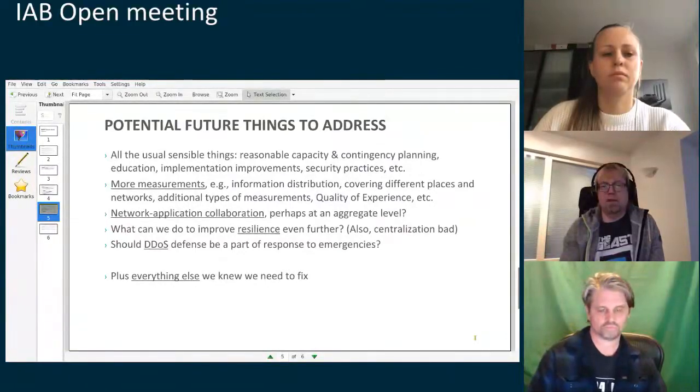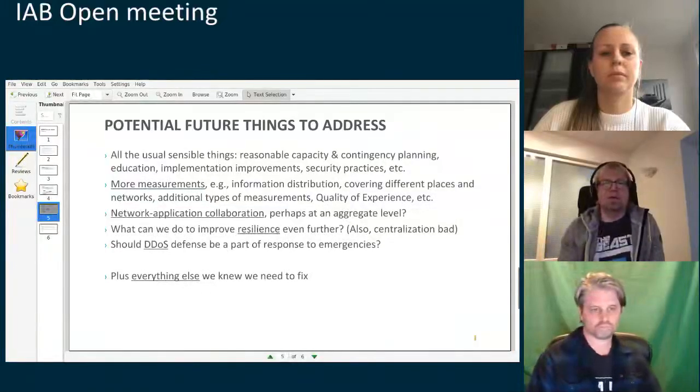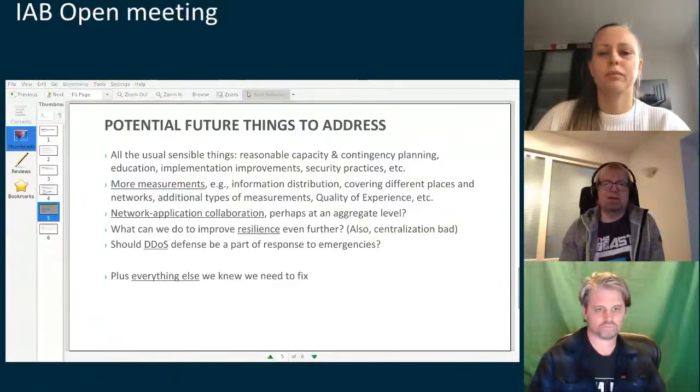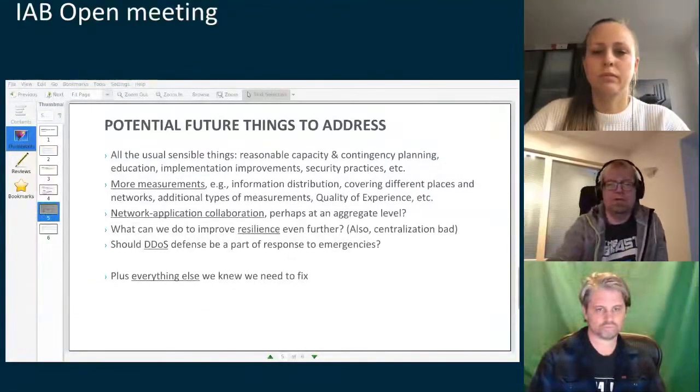What can we do to make sure the internet will not fall over because of some issue or incident? It was also discussed that centralization and consolidation is bad in this respect. We talked about DDoS defenses, and those should be part of the responses to emergencies or ability to do so. And of course, everything else we need to fix. Next slide, please.